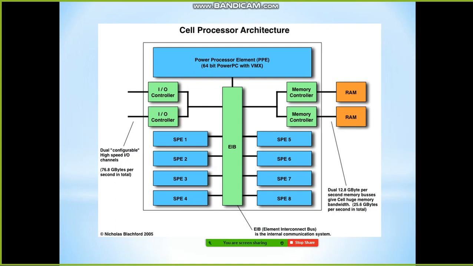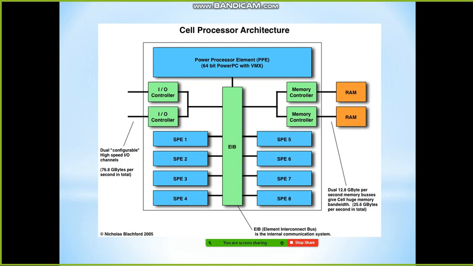It has an I/O controller, which has dual configurable high speed I/O channels, giving 76.8 gigabytes per second in total. It also contains a memory controller, which has 12.8 gigabyte per second memory buses that give the Cell huge memory bandwidth, 25.6 gigabytes per second in total.